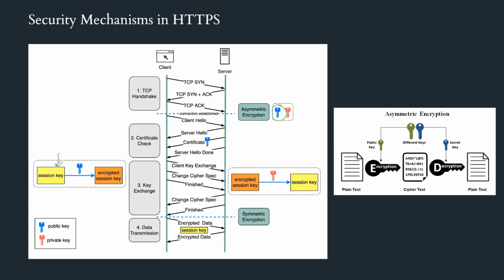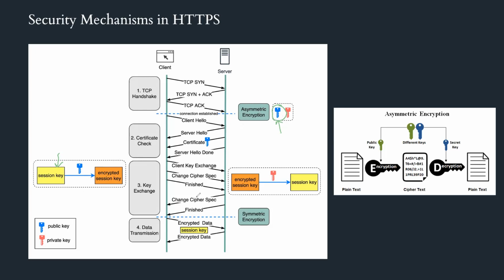So once the hacker tries to decode any message that this client is sending to the server, the hacker will not be able to decrypt that message with the knowledge it has. It doesn't have the public key, and it doesn't have the session key.